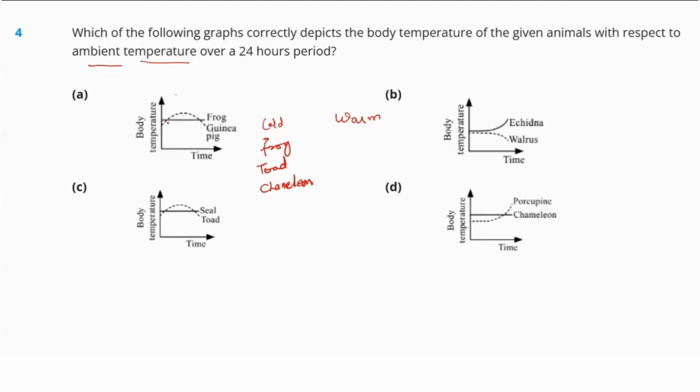Everybody, the frog is constant over here. That means the frog is not changing its temperature, but the frog is a cold-blooded animal, so this is a wrong option. Option C aligns with the graph where the toad, an amphibian, is changing its temperature with time, and the seal, a mammal, is constant.